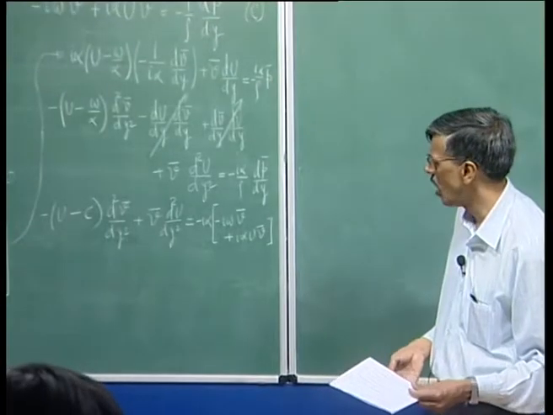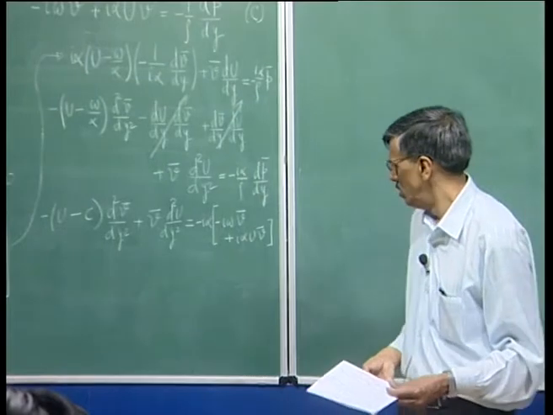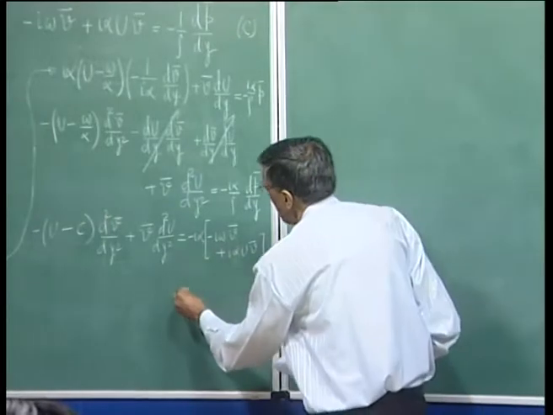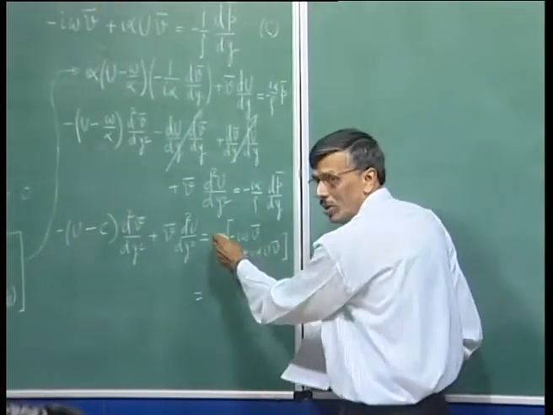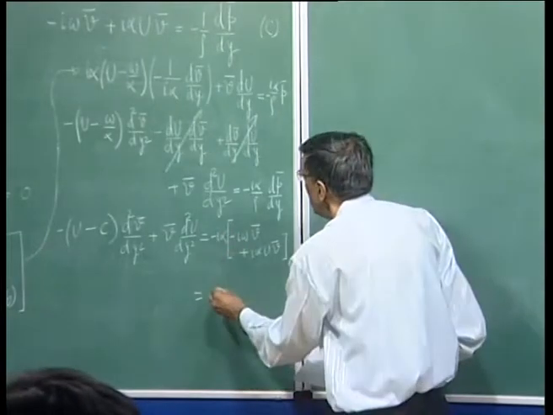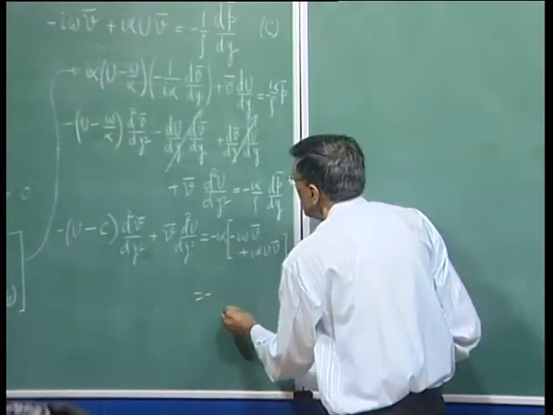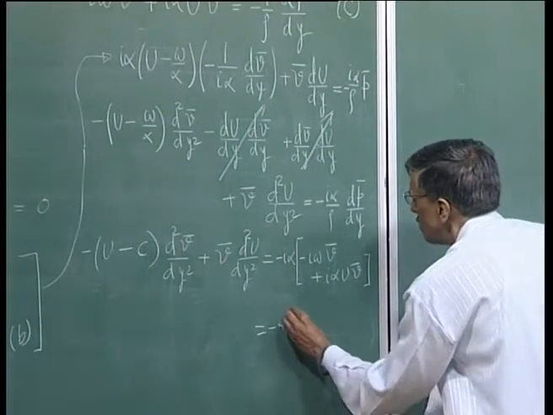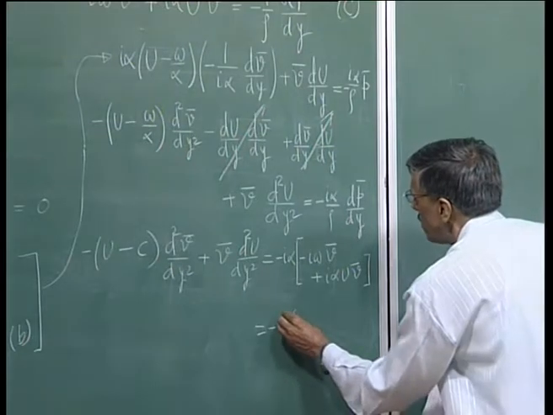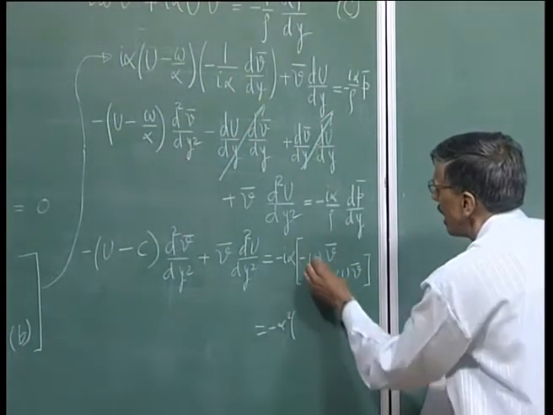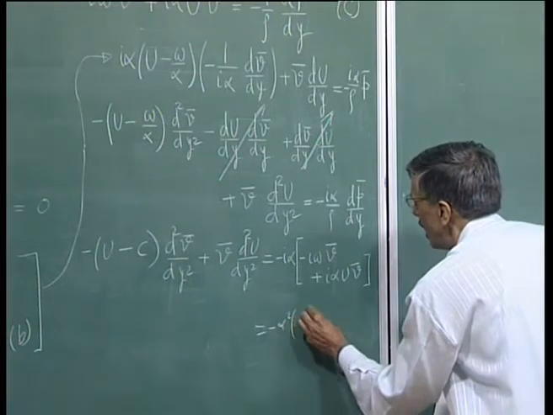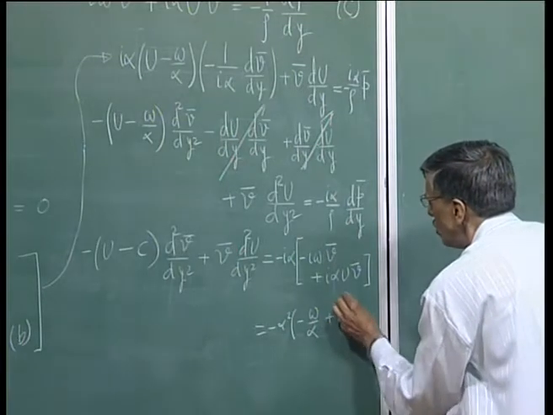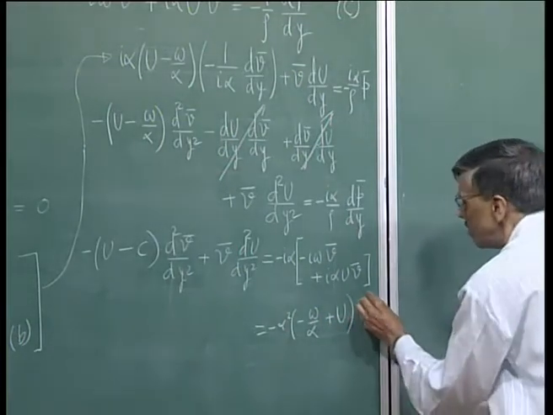Right. So you can see here also, on the right hand side I could borrow that I out, and I square will give me minus 1. So I will get minus alpha, okay, within parenthesis. If I make it alpha square, then here I will get minus omega by alpha, and here I will get plus u, and that will be multiplied by v bar.